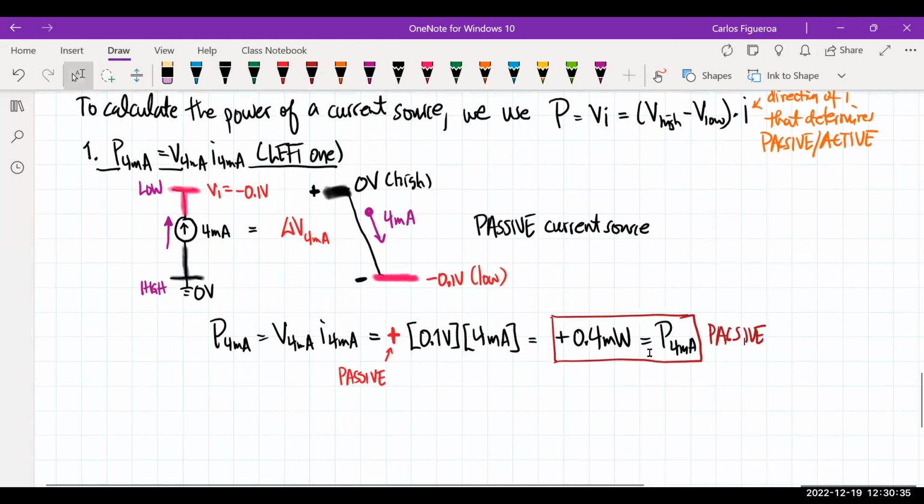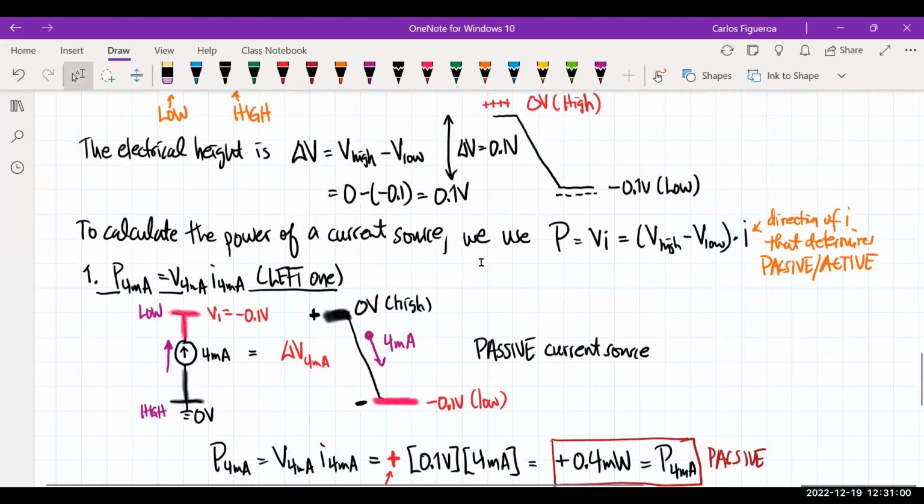So the next one I'm going to do is the 1 milliamp, which of course has to be the voltage of the 1 milliamp times the current of the 1 milliamp. So if I look at this guy, what am I seeing here?